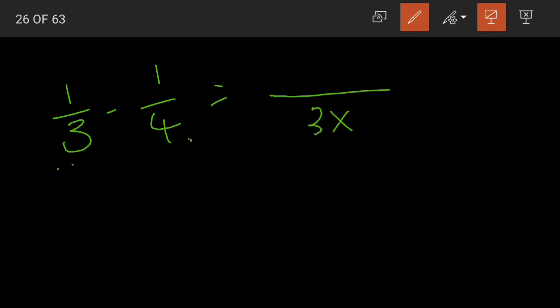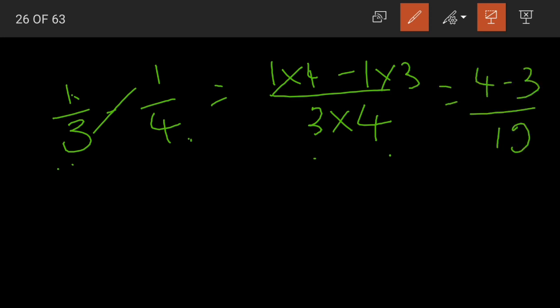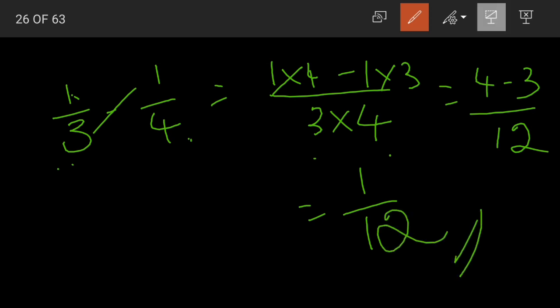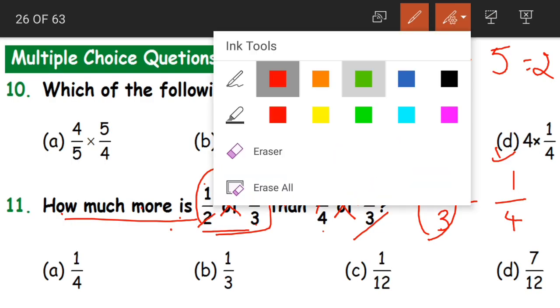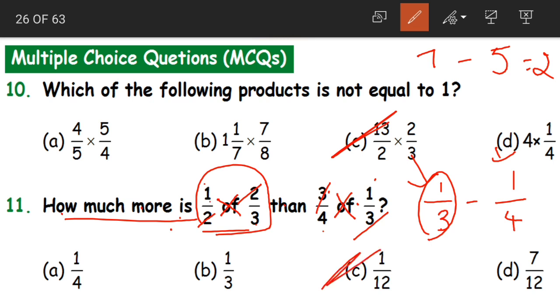So the LCM is simply their product. In the same way, cross multiply the numerators. 1 into 4 minus 1 into 3. That is nothing but 4 minus 3 by 12. The answer is 1 by 12. Yes students, the answer is option C, 1 by 12.